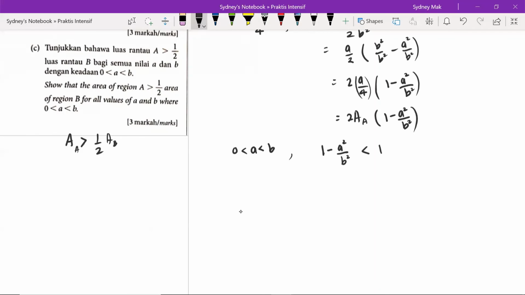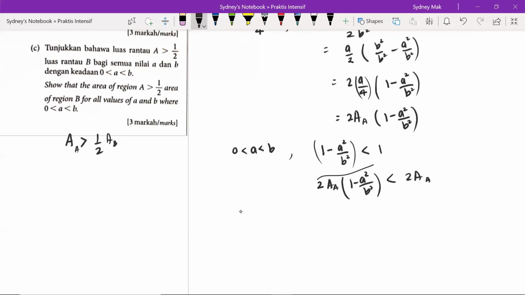And then we multiply by 2 times the area of A on both sides. So 1 minus a squared over b squared is less than 2 times the area of A.